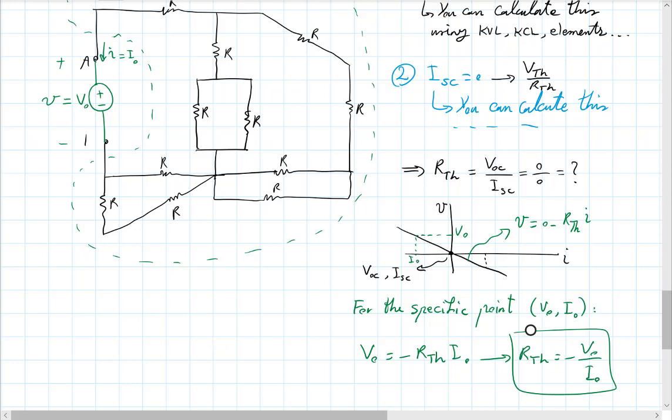Okay, so this is how you would do this. Now you have your Thévenin equivalent. V Thévenin is 0, R Thévenin is that slope. And again, because I have stayed consistent with everything, if I apply a positive voltage here, I'll get a negative current I naught, and the ratio times a minus sign will give me a positive resistance, as you would expect for this circuit.